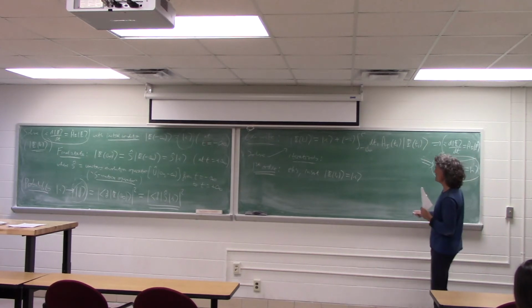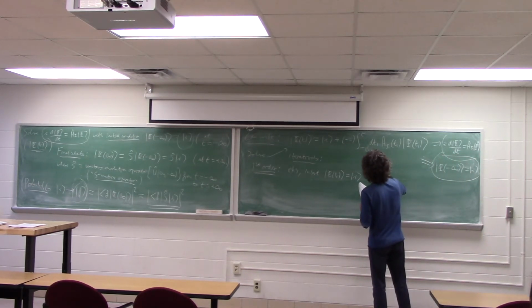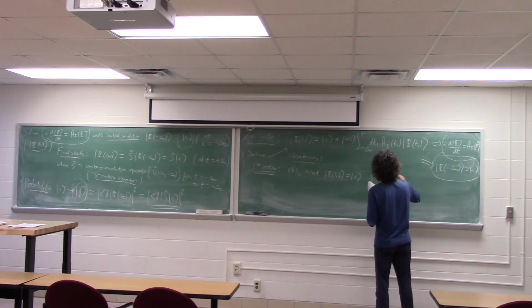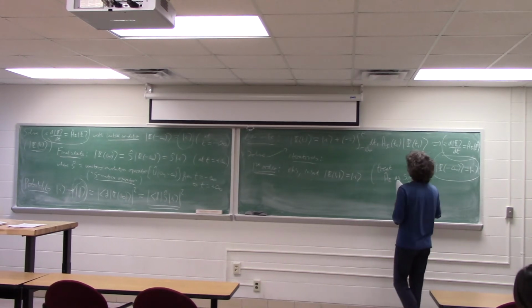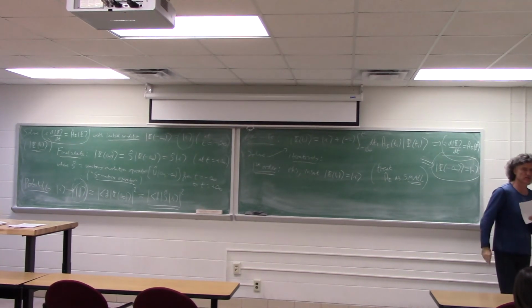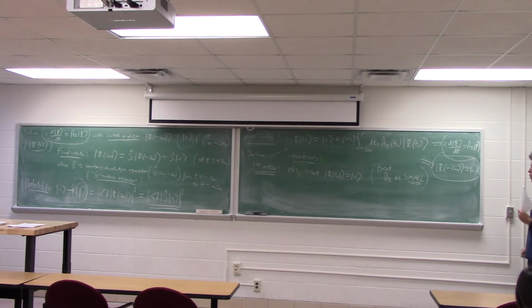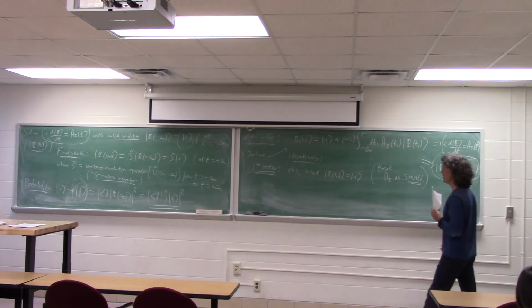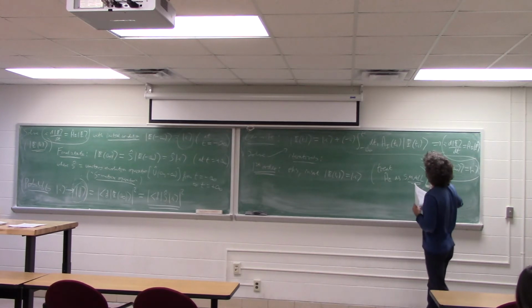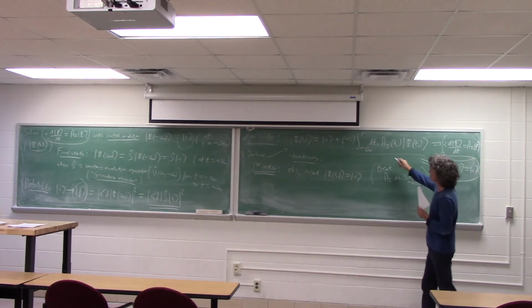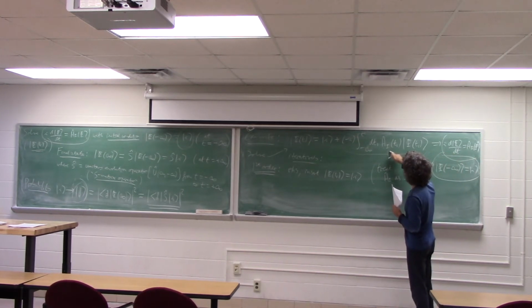So the idea here is we're treating the interaction Hamiltonian as small. Okay, the interaction Hamiltonian is regarded as small. So in other words, we're thinking that this term here is small, this term in here is small.